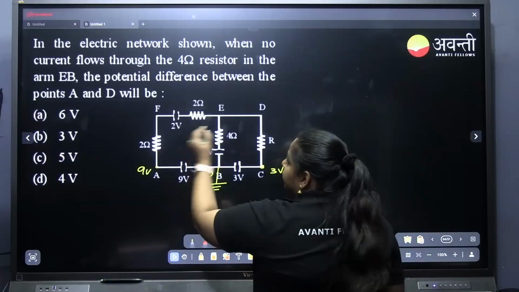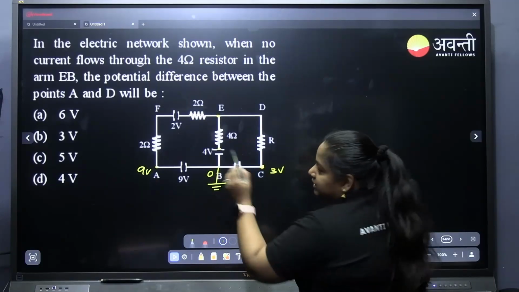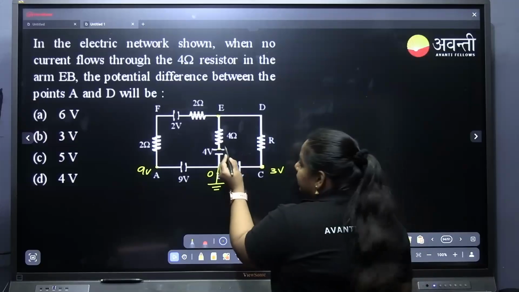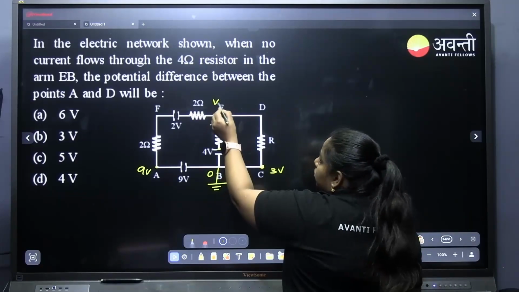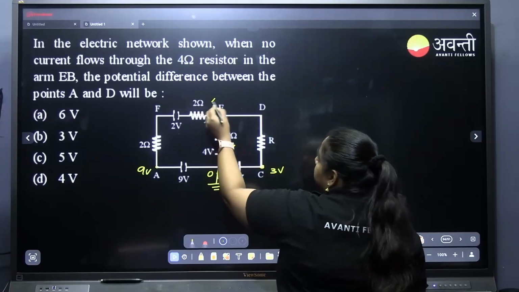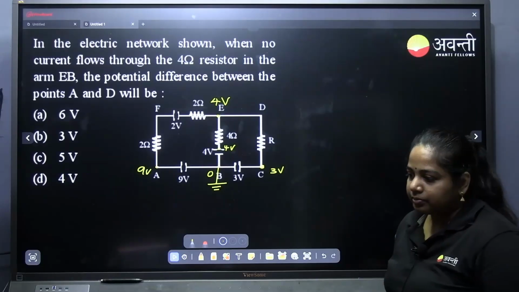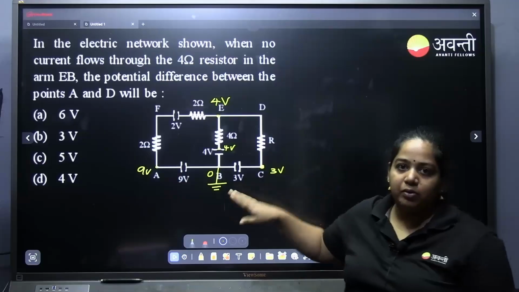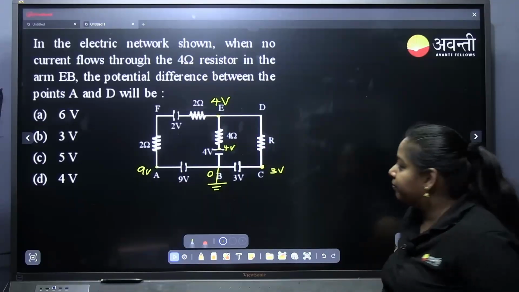Now across this resistor no current is flowing, and no current flowing means here it is 4 volt, then here it should also be 4 volt. Clear? Because at equal potential there will be no current flowing.